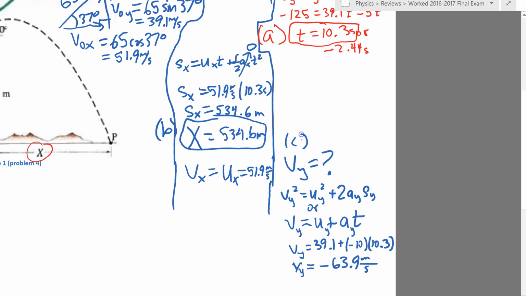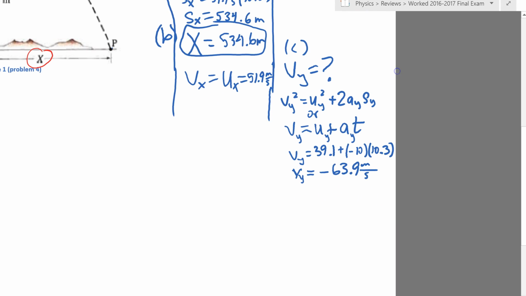So that's part C. Oh, well, we have what we need to finish part C. Now that we know Vx and Vy, you can construct the total final velocity out of those two components. So Vx is 51.9 in the x direction, and Vy is negative 63.9. So that's the x component, that's the y component. The total final velocity is going to look like this.